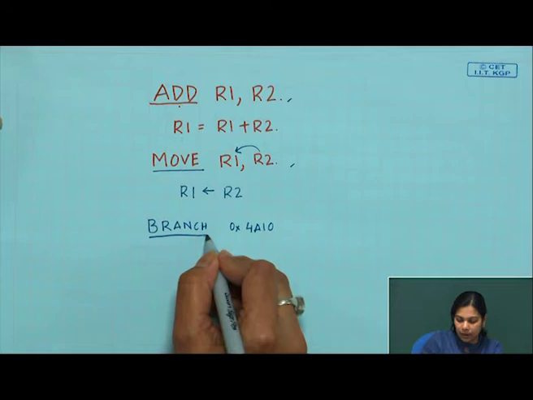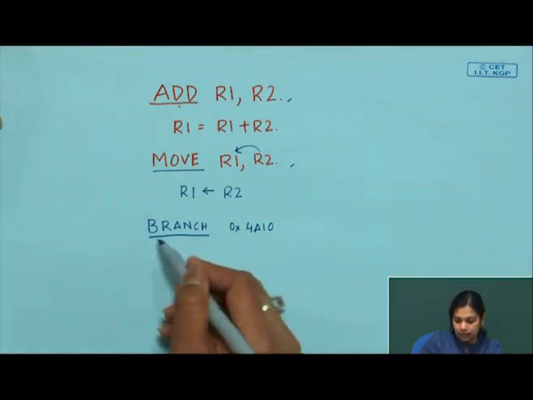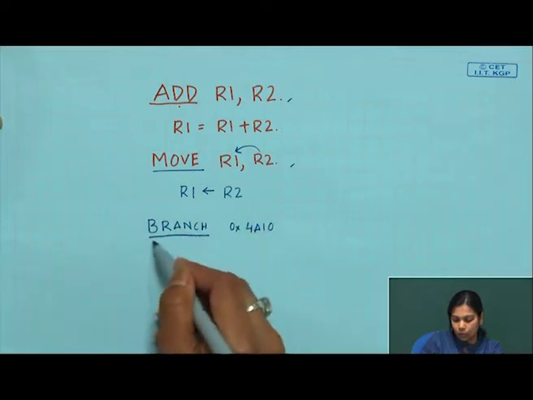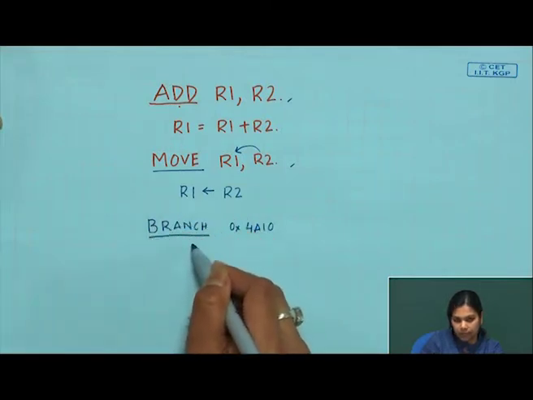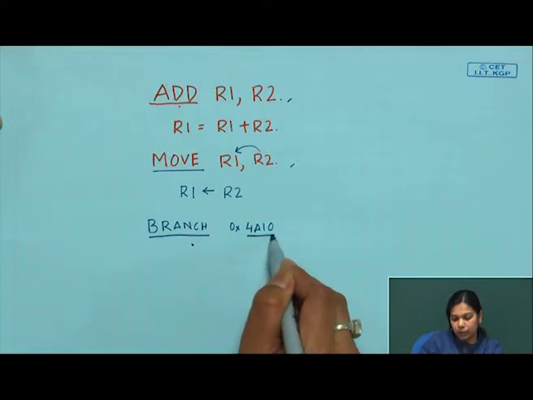This is a branch instruction, specifying that the opcode is a branch and to go to this particular location.